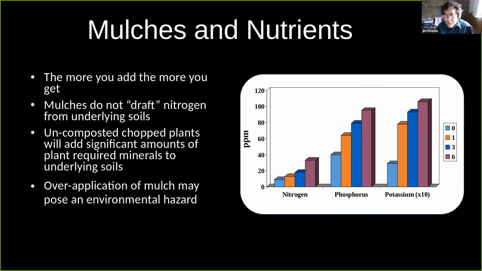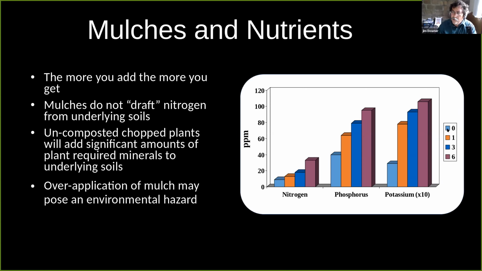And I said, when you put down mulch, you're not putting down so much nutrients right away. But in time, as those mulches break down and you keep adding more, they do lead to more mineral nutrition under the soil. And this was from a study we did in citrus, where we followed the deposition of nutrients 6 inches down under the mulch based on the thickness of mulch above.